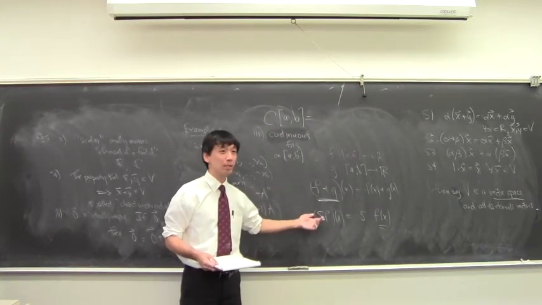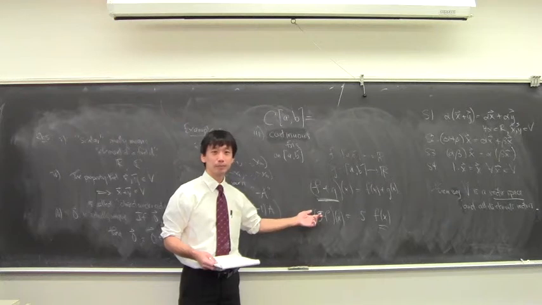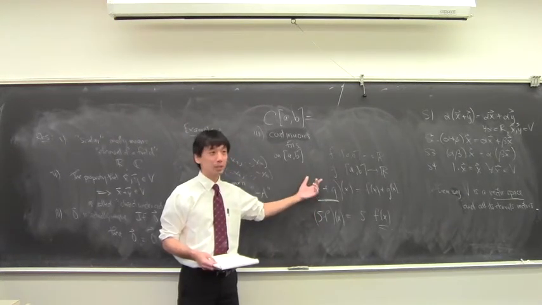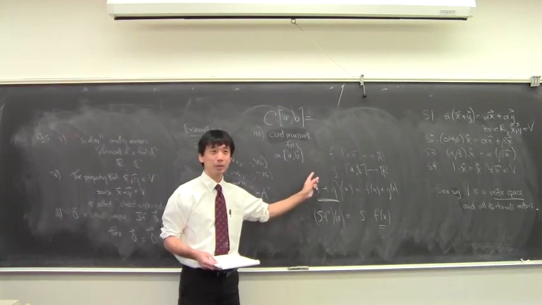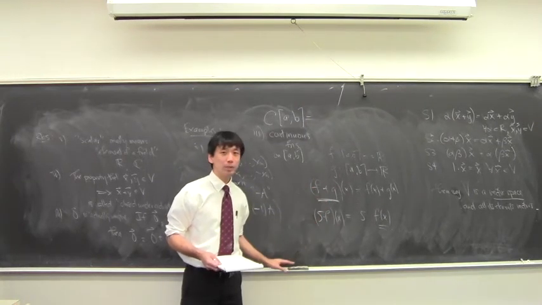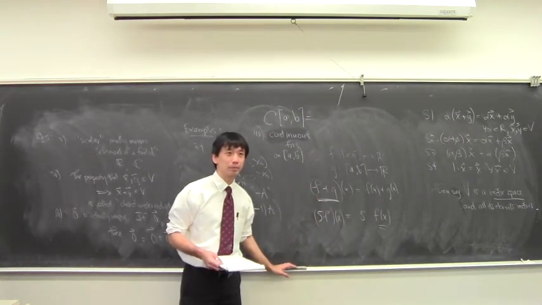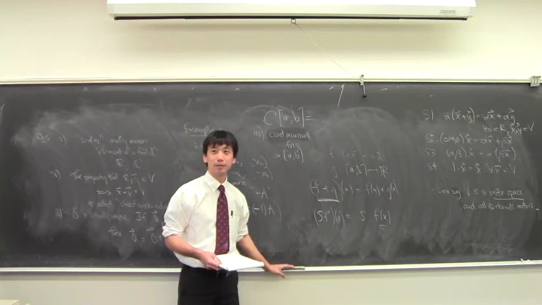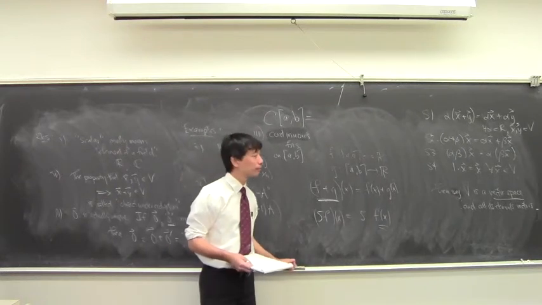You can take functions and you can scale them. It doesn't matter what order you add them, so addition is commutative, addition is associative. What's the zero vector? What function, when I add it on, doesn't do anything? f of x equals 0.